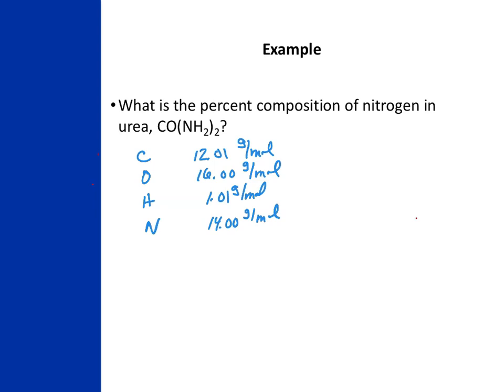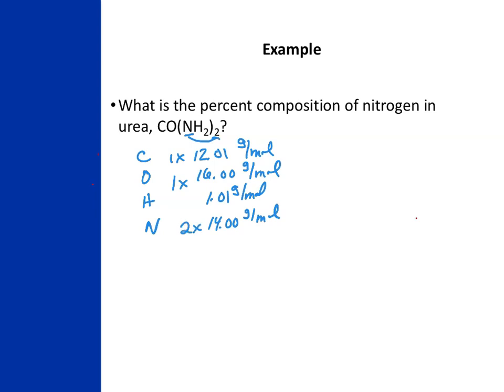We need to add all of these together with respect to their stoichiometric amounts. So if we look up our chemical formula, we see that we have 1 carbon atom, 1 oxygen atom. We see that we have 1 nitrogen atom, but it is multiplied by 2, so there's 2 of them.